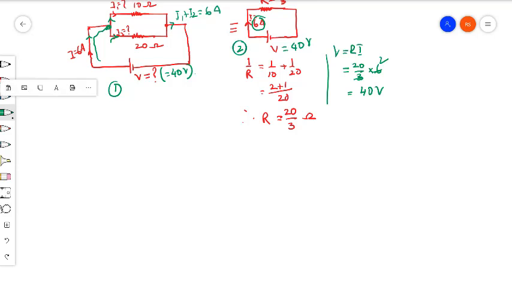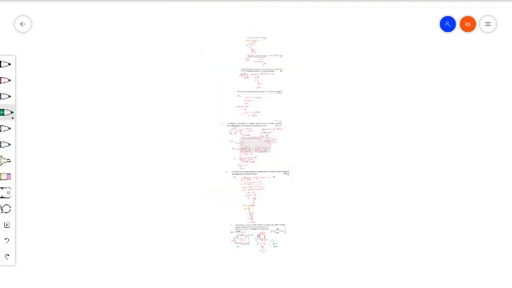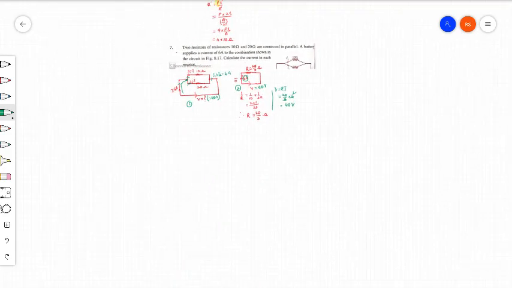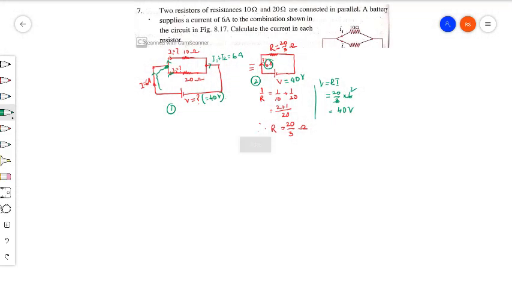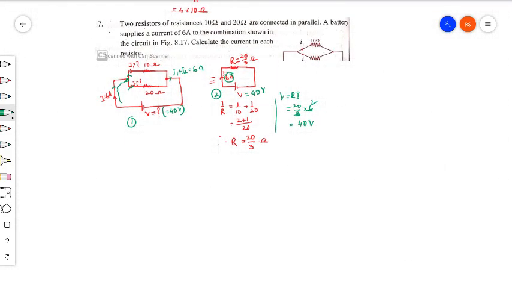Now see the R of 10 ohms. Let the current be I1. What is I1?